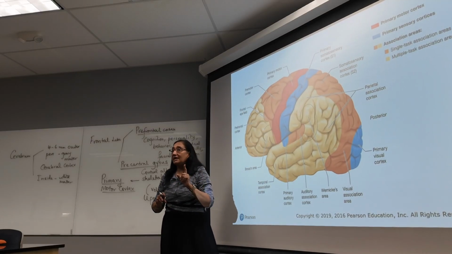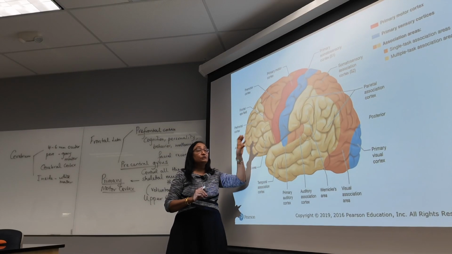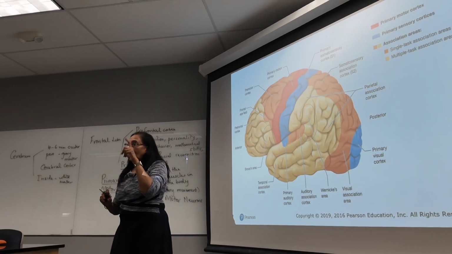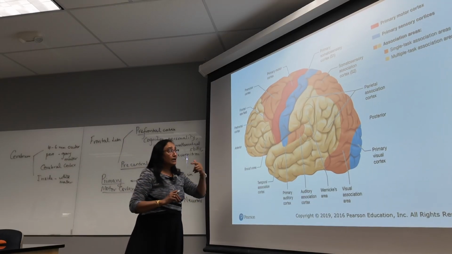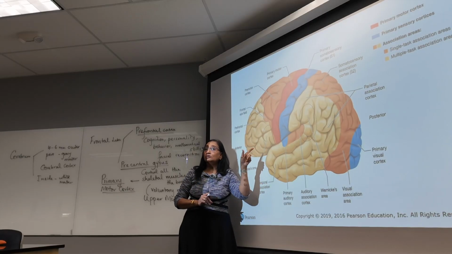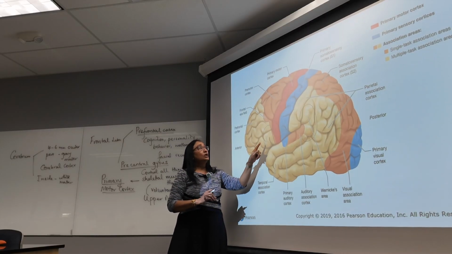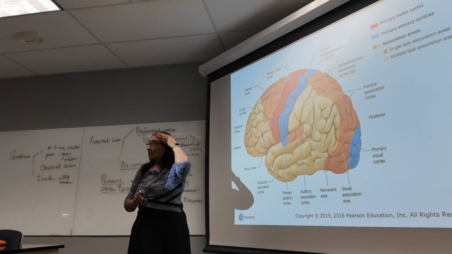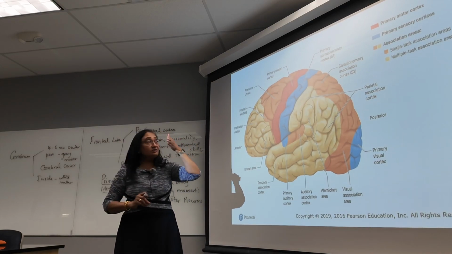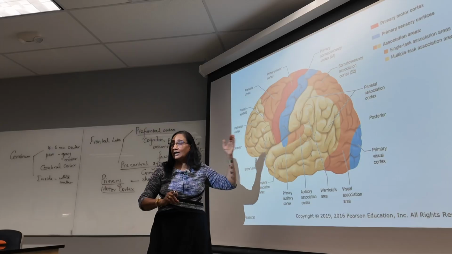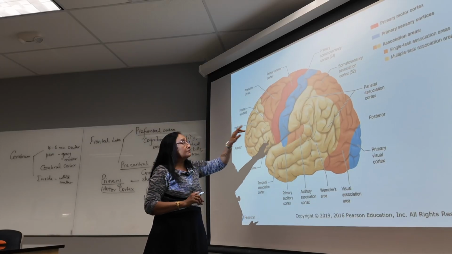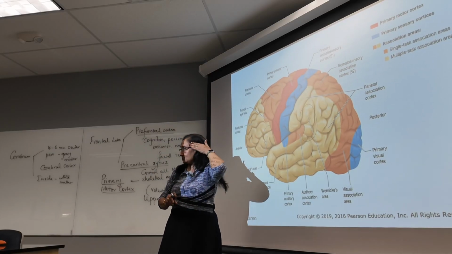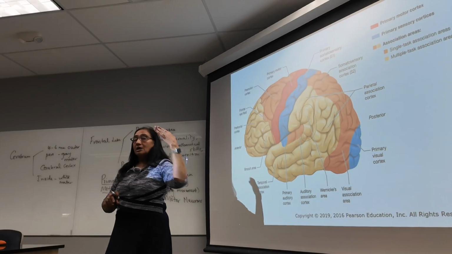The next area in the frontal lobe that you should be able to identify in the lab, and also know its role, is a group of neurons on the lateral aspect, the outer aspect, not the medial aspect, of the cerebral hemisphere.